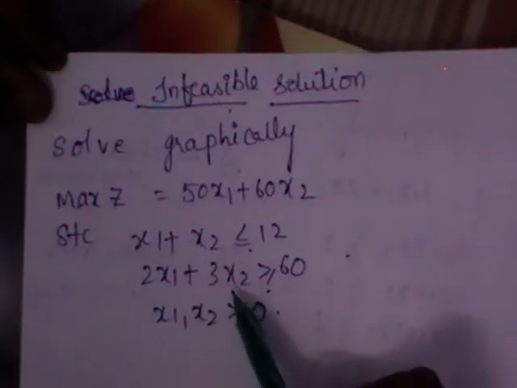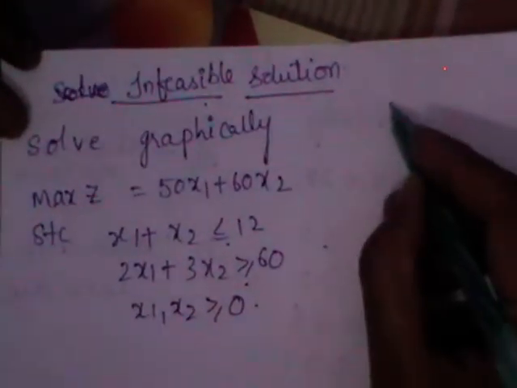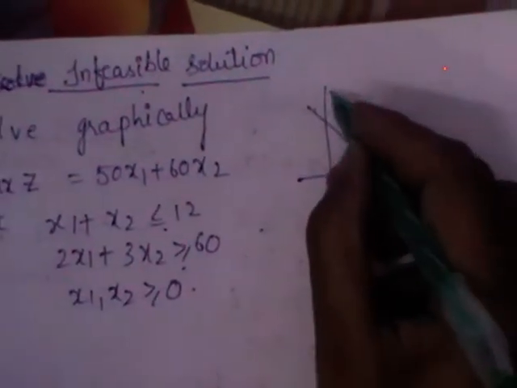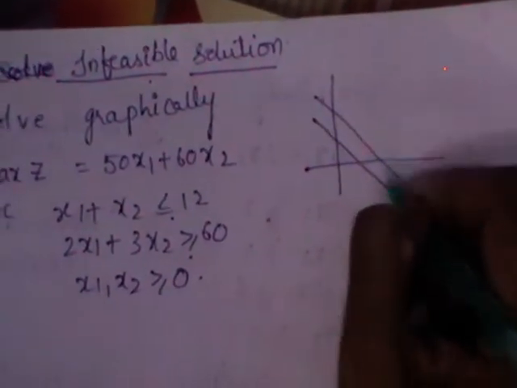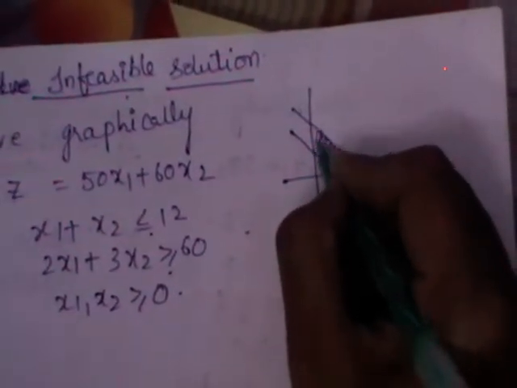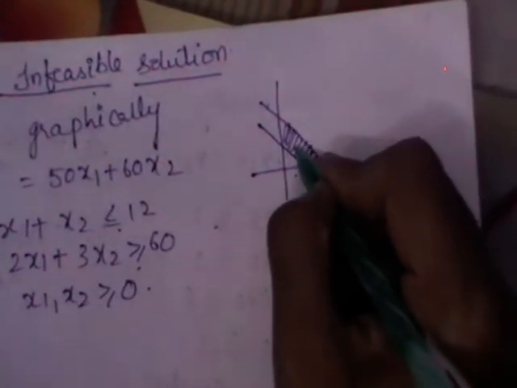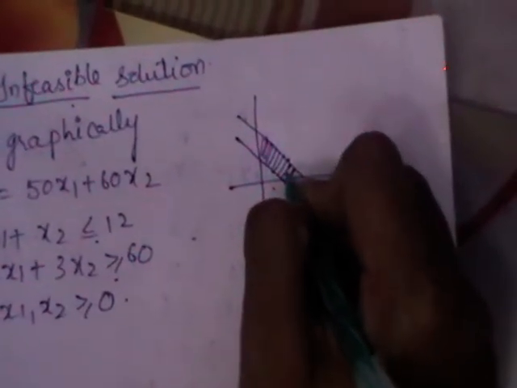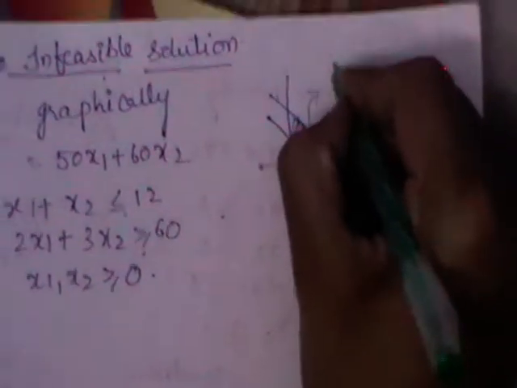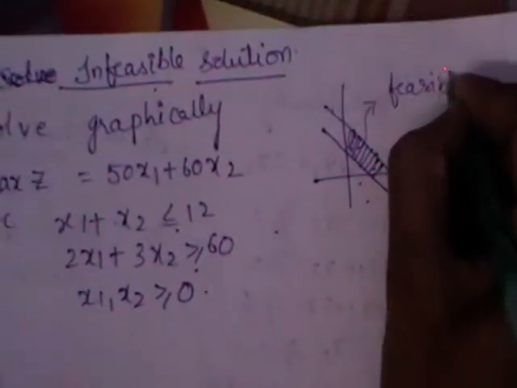In the previous problem, we discussed that whenever there is a common region, you have plotted one constraint and another constraint, and you have observed that this is the common region satisfied by both the constraints. Whenever we have a common region satisfied by all the constraints in a given LPP, we call that a feasible solution.